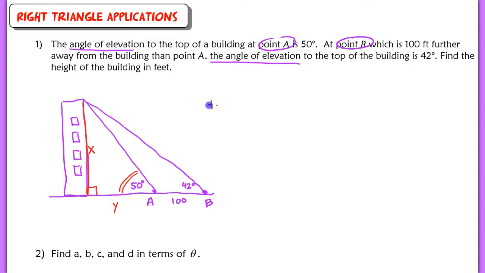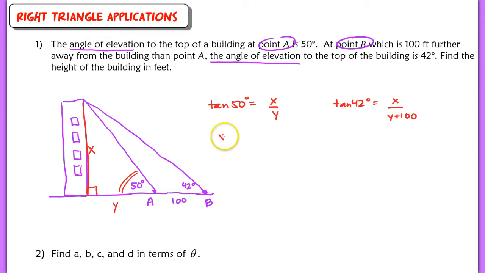So I have the tangent of 50 degrees is equal to the opposite X over Y. And I also know that the tangent of 42 degrees is equal to the opposite X over, this time, Y plus 100. So what I want to do here is try to set these values equal to each other. I can solve for X in both of these cases.